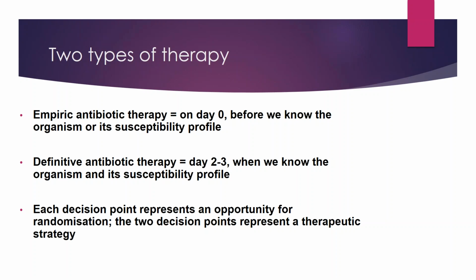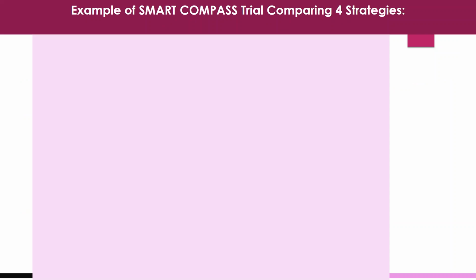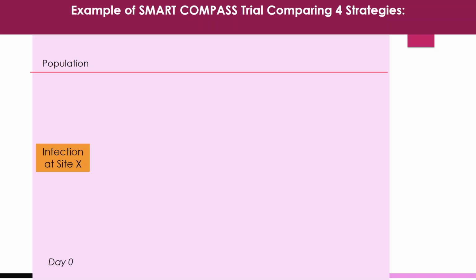But then we also have an opportunity, as we did in that previous trial, to randomize people into their definitive therapy. So I'll give you an example here. The person has an infection that we were interested in studying on day 0.